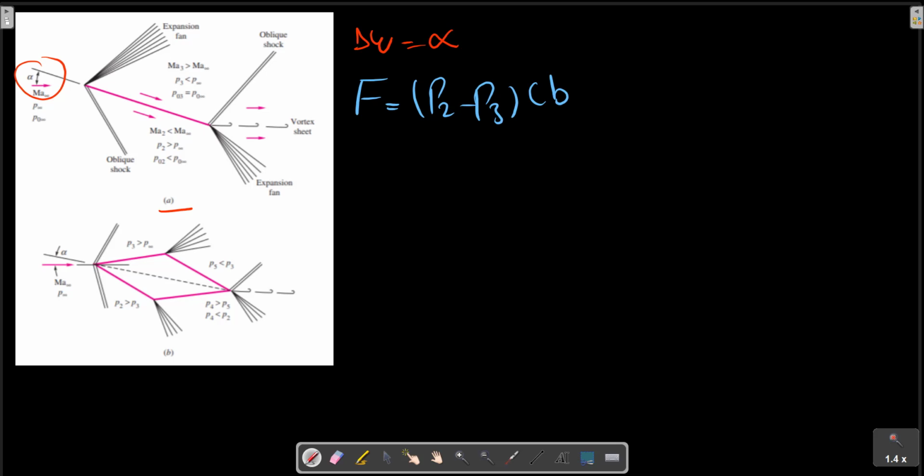This force is normal to the plate, and thus the lift force normal to the stream is F cosine alpha, and the drag parallel to the stream is F sine alpha, perpendicular to the lift.